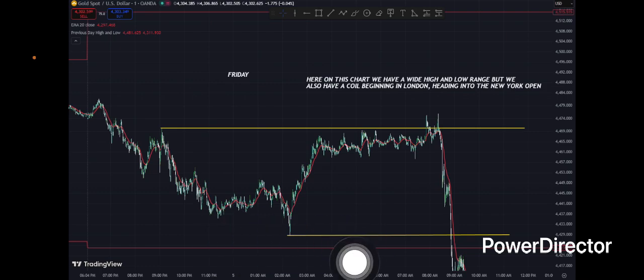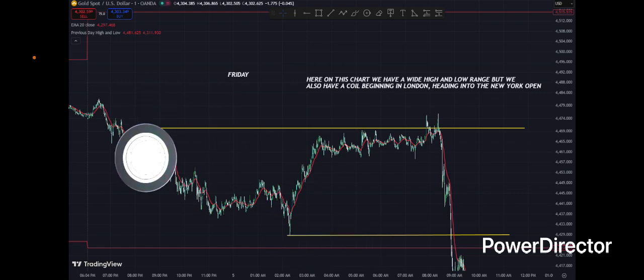So when we're marking off those levels of the current day, right? Because we're always using the previous day's high and low. We're always tracking the previous week's high and low. But on the day of the potential trade itself, we are marking off highs and lows on the day. Okay. So when it comes to marking off those highs and lows of the current day, we're always looking for that to be a very clear range.